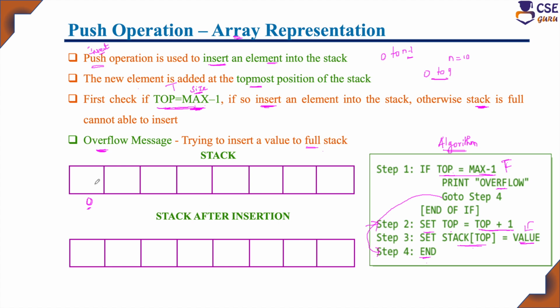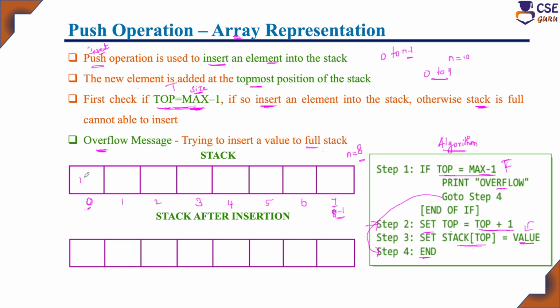So in array implementation the first location starts with 0, then 1, 2, 3, 4, 5, 6 and 7. So here there are totally 8 memory locations. The n value is 8 and the last index is n minus 1, that is 8 minus 1, which is 7. So totally 8 memory locations are allocated. The starting location is 0 and the last location is 7.